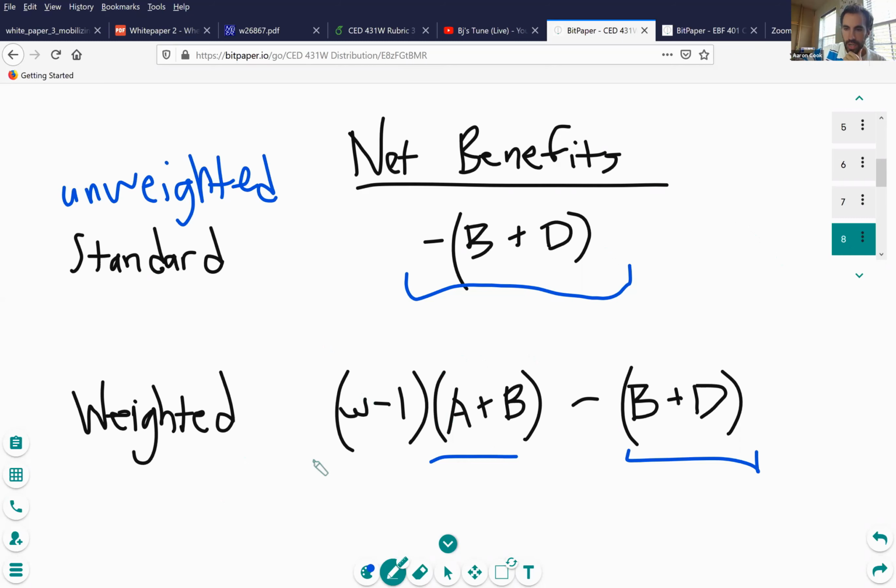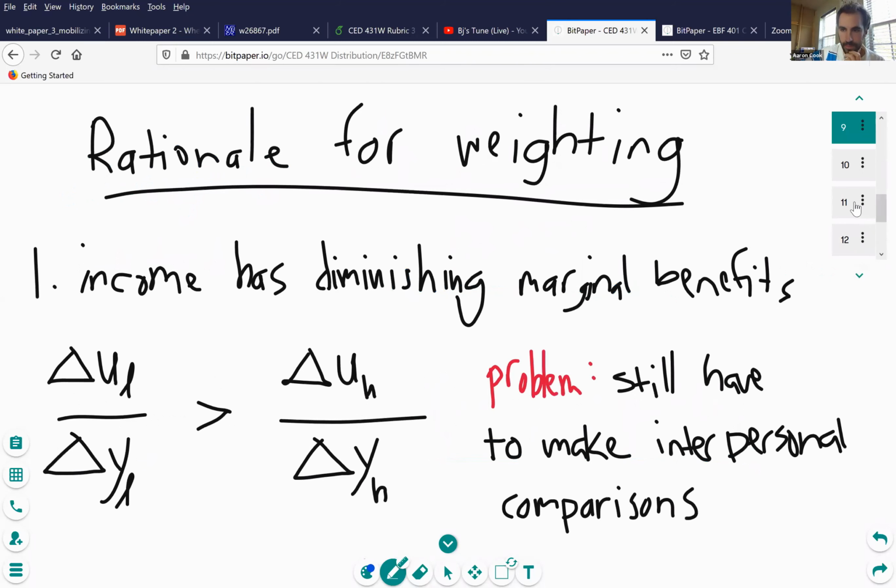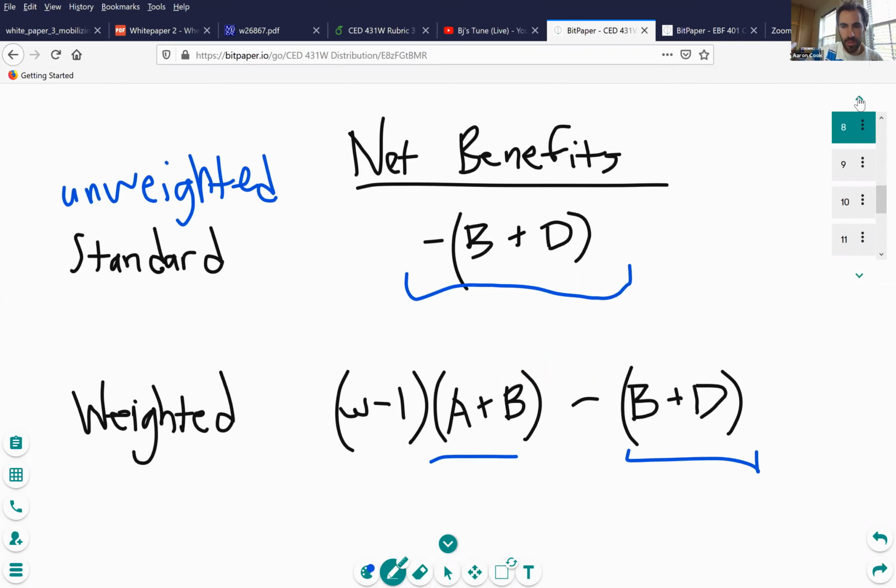Okay, so that's the general idea. Now we had talked about the reasons why we might want to do this, and I'll just go over those briefly again. So we have this implicit extra weight that we're putting on transfer recipients relative to the producers and consumers in that goods market who are losing.